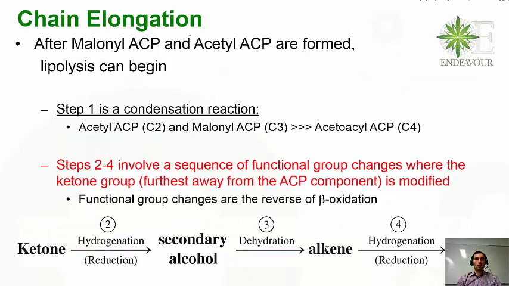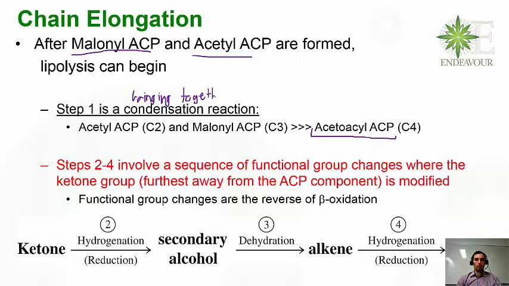Alright, so now that we have these two starting compounds, the malonyl ACP and the acetyl ACP, then we can do the first step of the chain elongation phase of lipogenesis, where we combine the acetyl ACP and malonyl ACP to create what we call acetoacetyl ACP. So we call this a condensation reaction, which basically just means we're bringing them together. So that we're attaching these together.